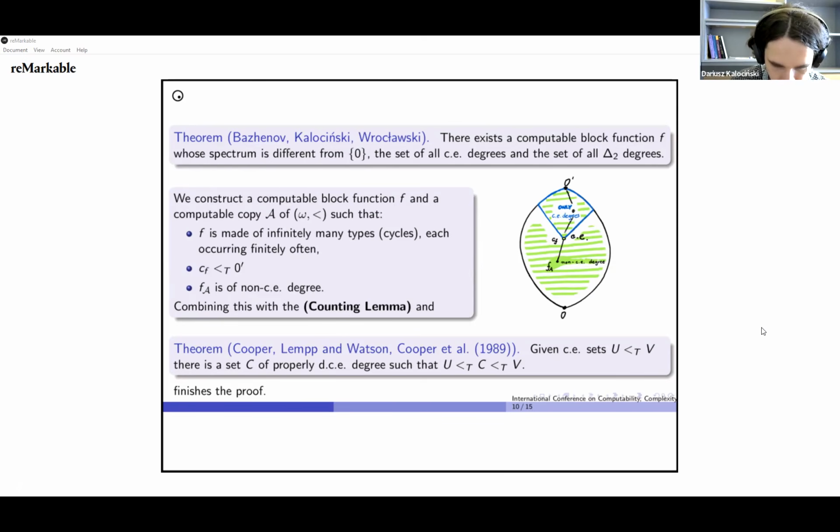Okay, but by the counting lemma, FA cannot be of this degree for no copy, right? It can be the case that the copy of F in B is of this DC degree, because for this to happen, FB will have to be above CF, but if FB is above the counting function, then the counting lemma says that the degree of F sub B is C. So it's a contradiction.